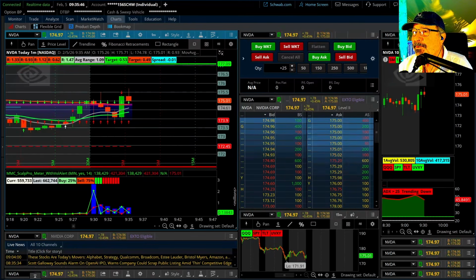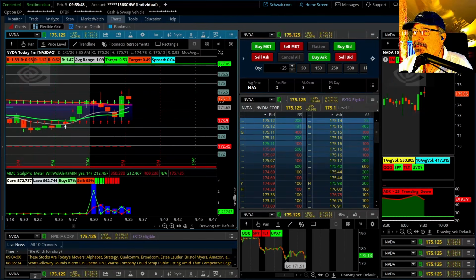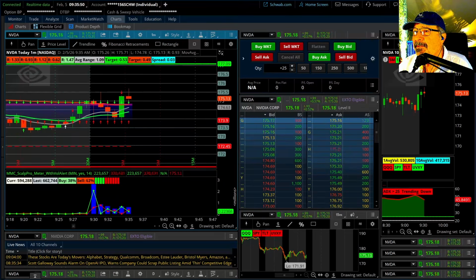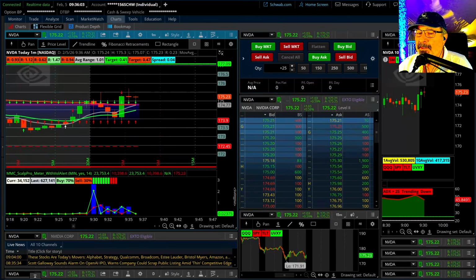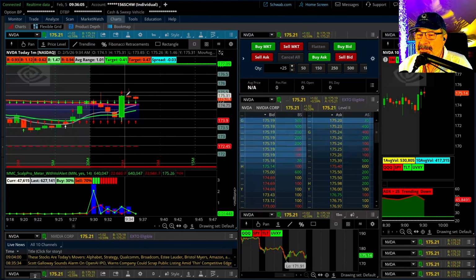Super Micro Computer volatile, short-term bearish. Oracle long. Microsoft long. Apple neutral. Apple's been going up like crazy. Amazon long. Alphabet neutral to bullish, which I'm really surprised it's not serious bullish, but whatever. Palantir long.